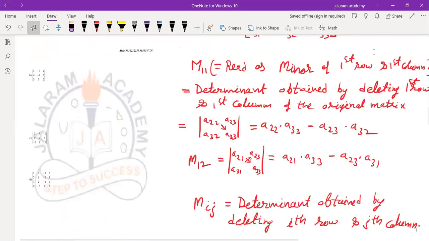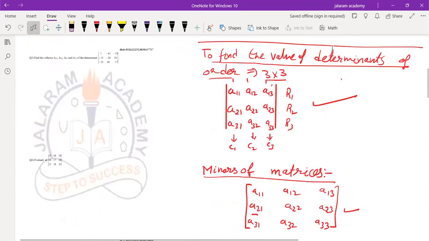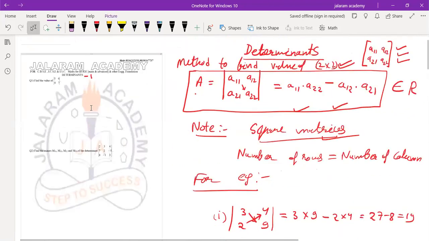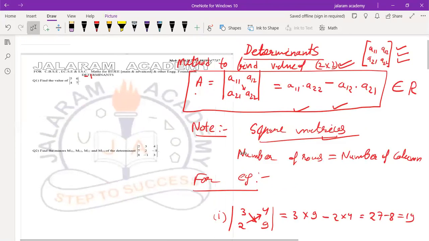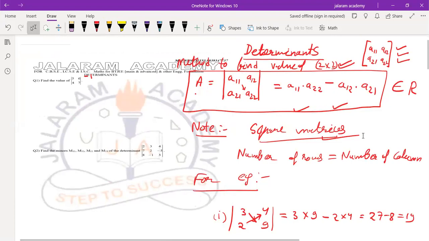Now we will discuss some questions related to the theory which we have studied till now. These questions are given in this sheet. Read the question: find the value of the determinant 5, 6, 4, 7. Row wise, 5, 6 is the first row and second row is 4, 7. So how to find this?